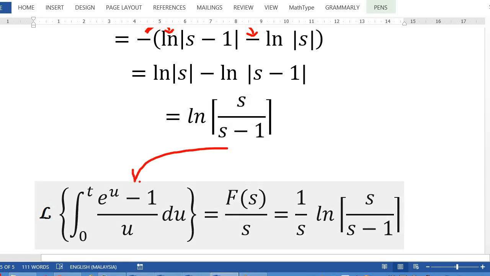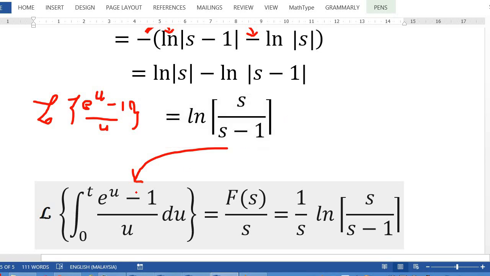the Laplace transform of, this result is actually the Laplace transform for e to the u minus 1 over u. Laplace transform for e to the u minus 1 over u, you get ln s over s minus 1 using the division by t property.